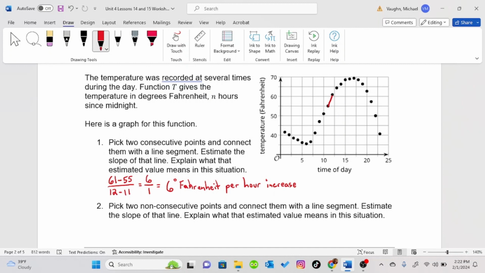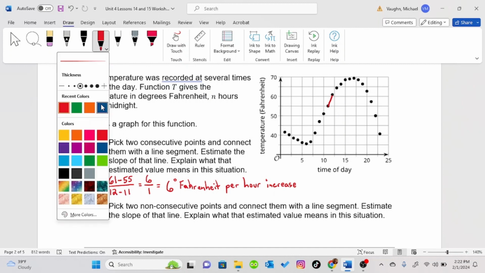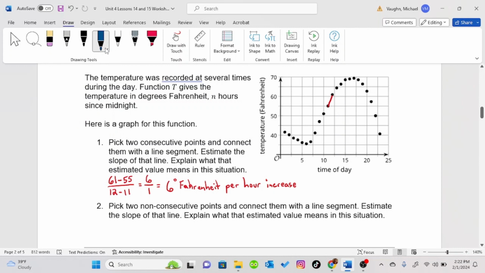Number 2, pick 2 non-consecutive points and connect them with a line segment. Estimate the slope of that line. Explain what that estimated value means in this situation. So I will connect the point at x equals 14 and the point at x equals 19.